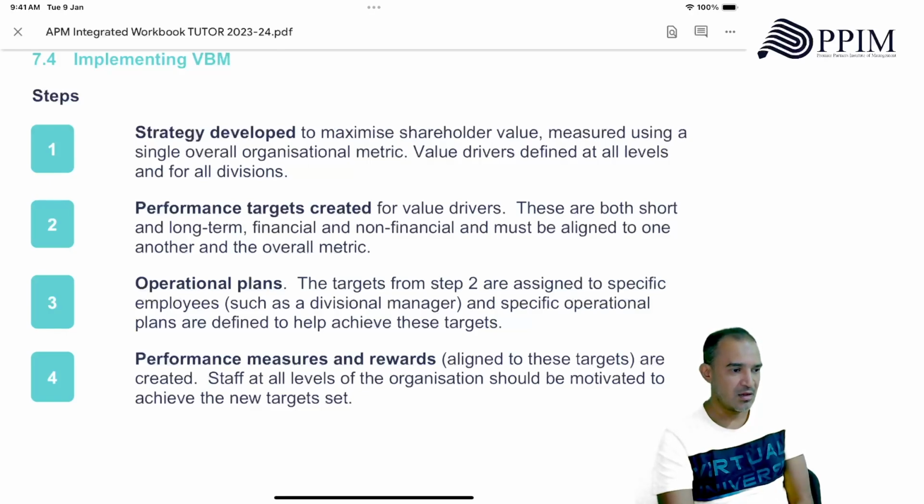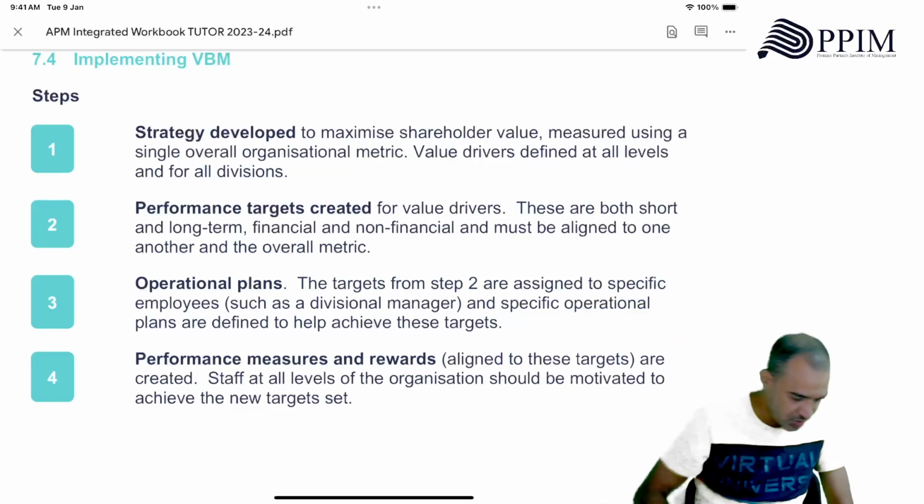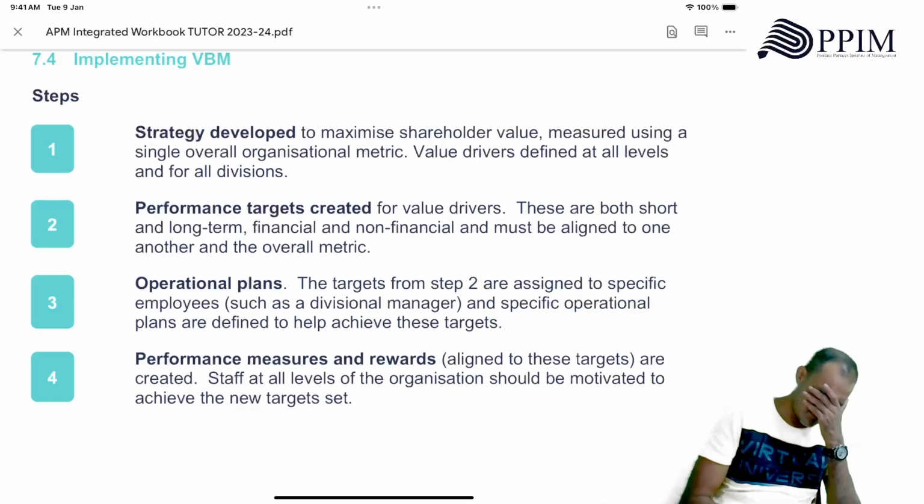Next, value drivers should be identified, which are short and long term, financial and non-financial.